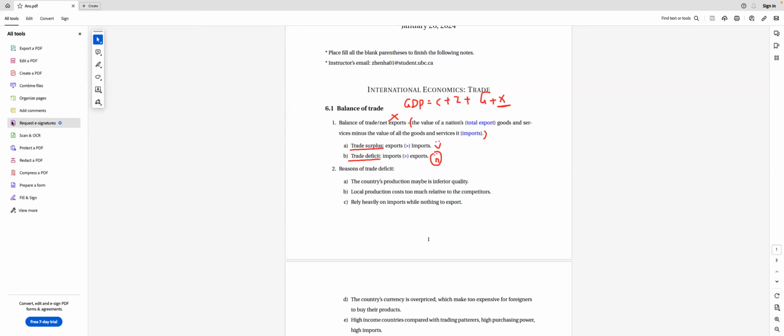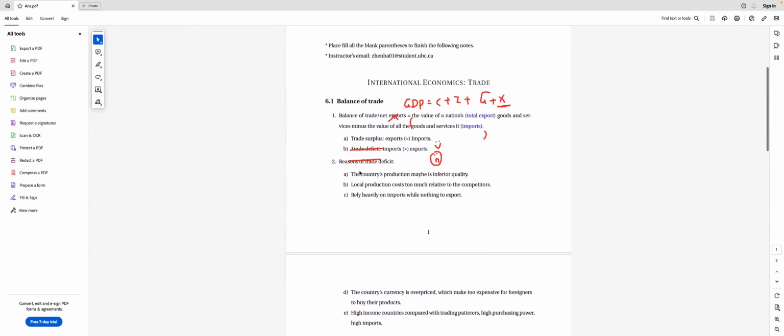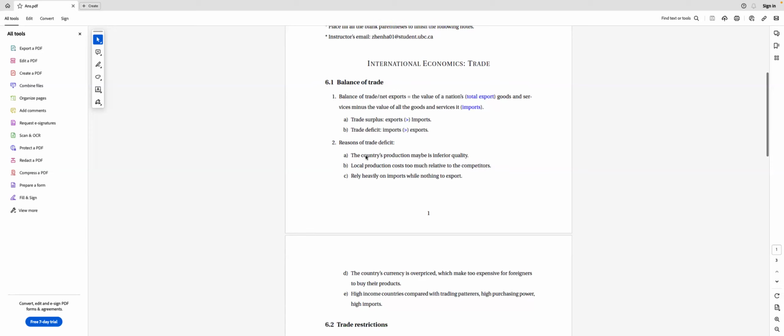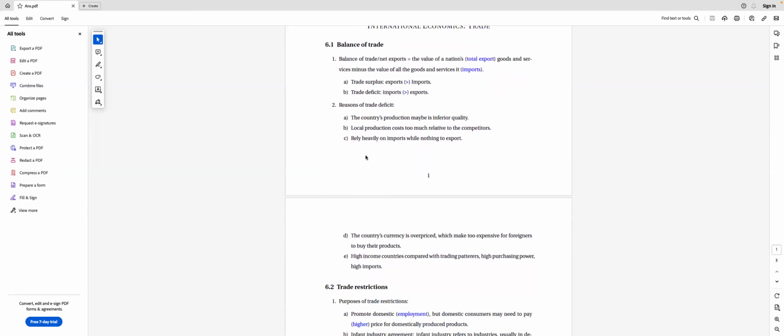So then the next question is, why can your country be a trade deficit country? The first thing I want to clarify here: some of you may think only poor countries, developing countries, have a trade deficit, but not necessarily.